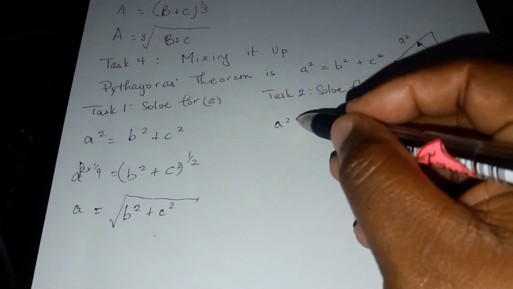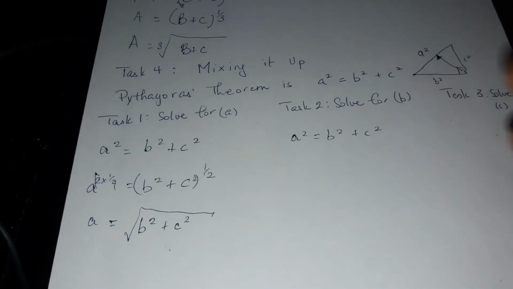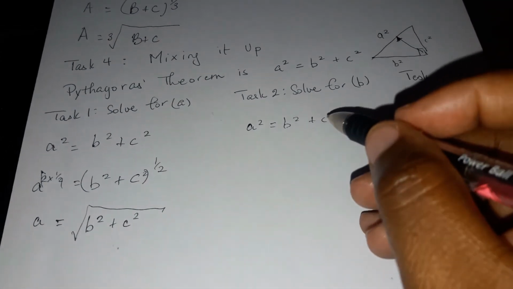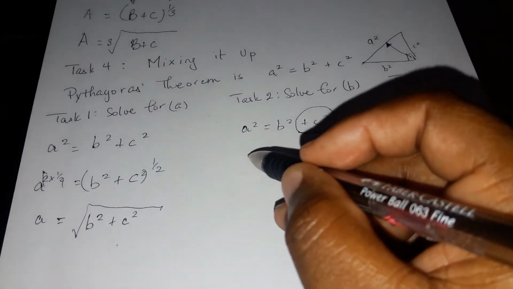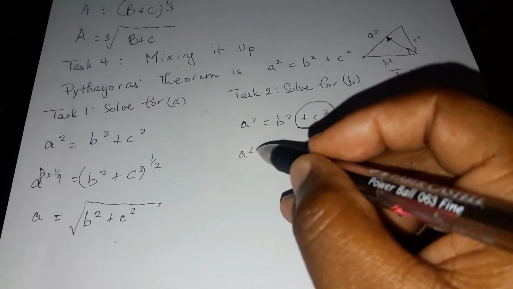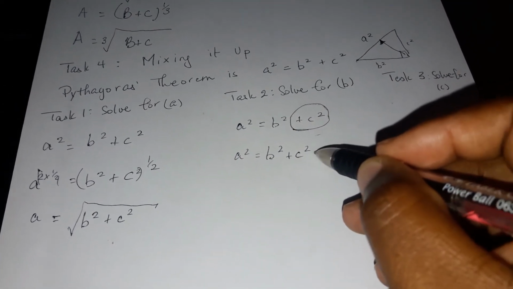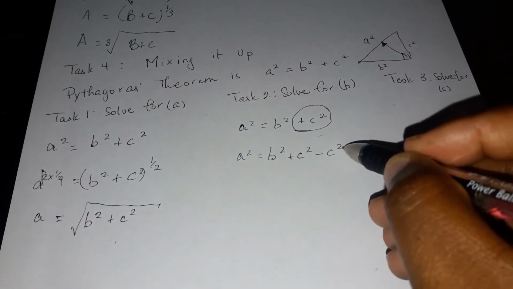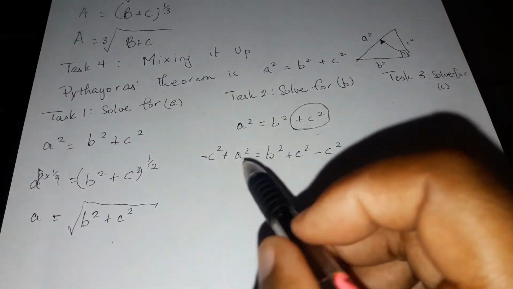We want to solve for b now. So we have a squared equals b squared plus c squared. From previous videos, you want to get rid of c and keep b by itself. So you're going to say a squared minus c squared equals b squared plus c squared minus c squared. So therefore, you're going to have to minus c squared from here.